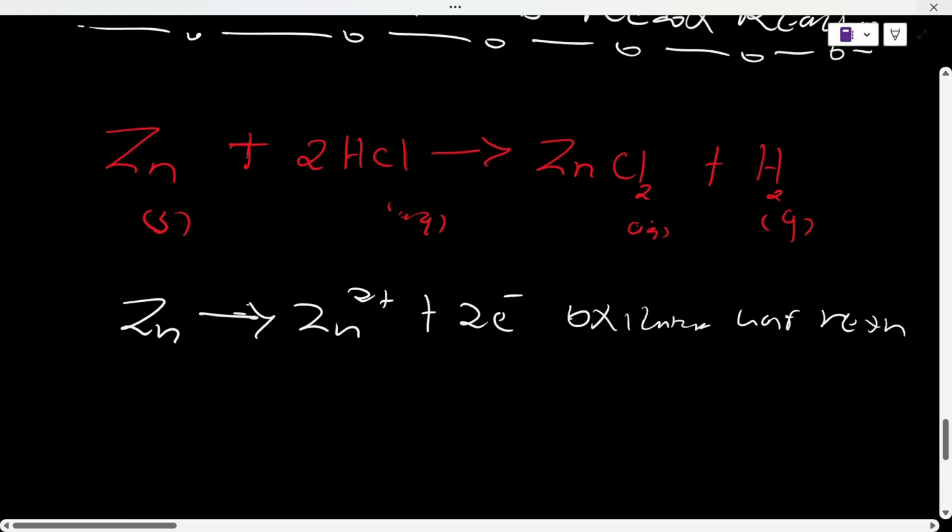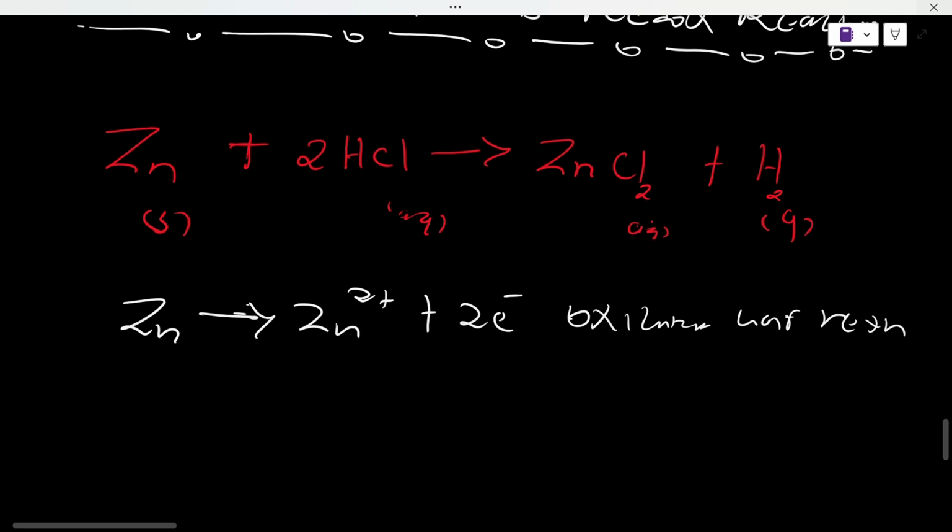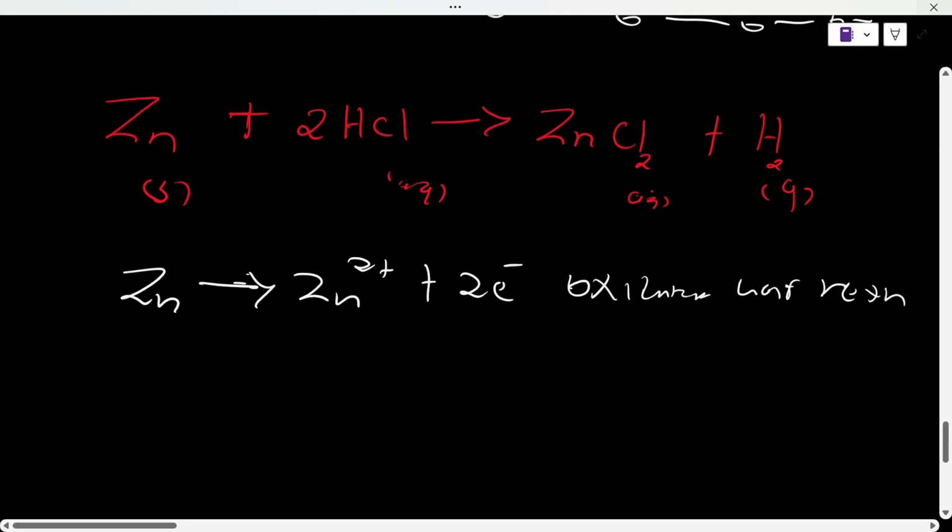Now, I can also have a situation whereby hydrogen ion that was in the acid undergoes reduction by accepting the 2 electrons given. Then hydrogen is going to form hydrogen gas.